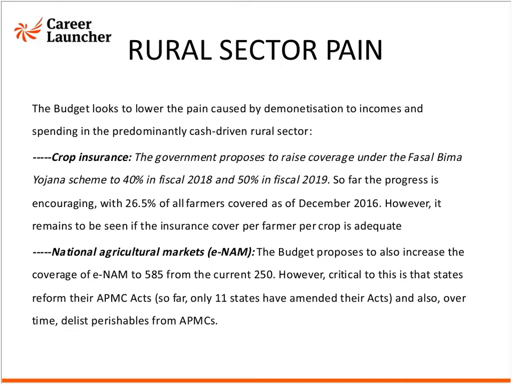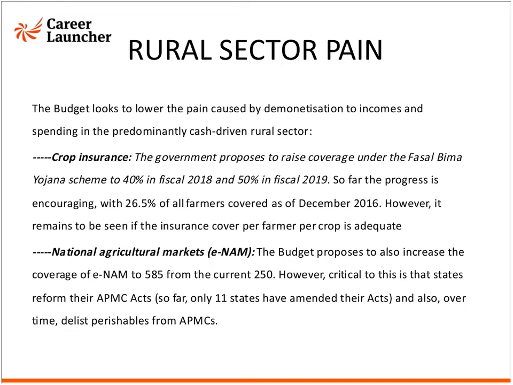Because in between there are a lot of players who eat away the money and we get it at a higher cost and farmers don't earn much money. So the budget proposes to increase the coverage of the e-National Agriculture Market to 585. Currently we are at 250, so we are trying to more than double the reach of electronic markets so that farmers essentially get the right amount of money for their harvest.